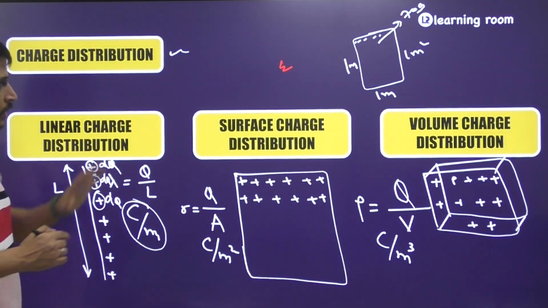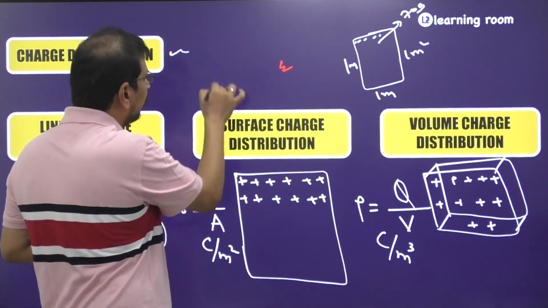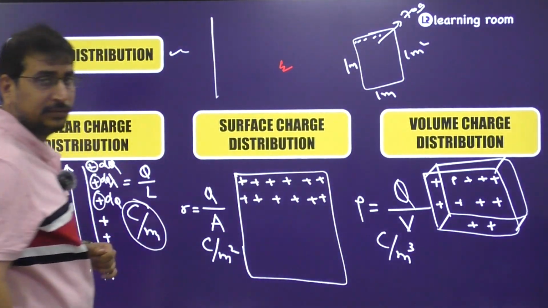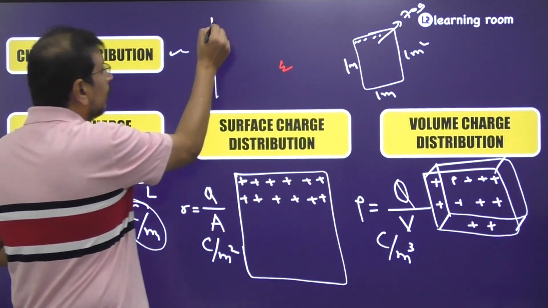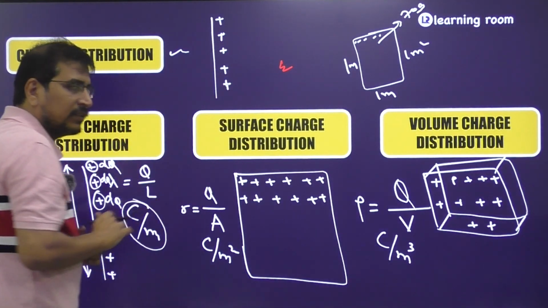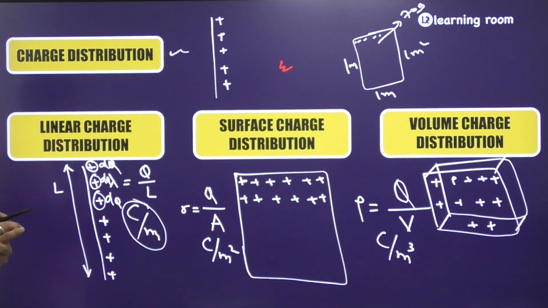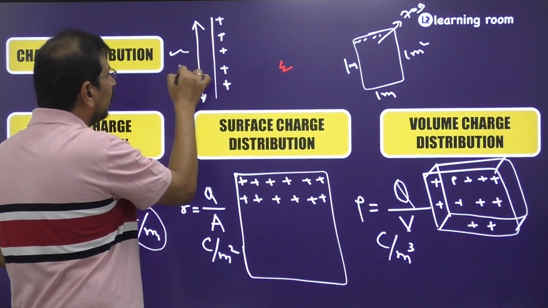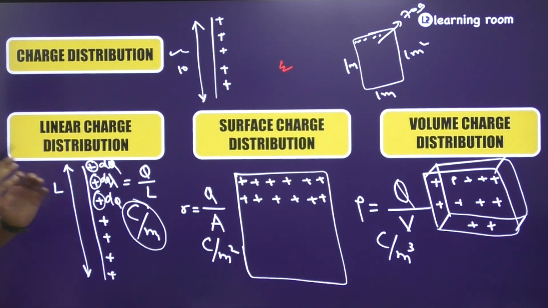Try to understand this. If I take this kind of system, 1, 2, 3, 4, 5, for example, let's say there are 5 small point charges, and let's say the length of this is going to be 10 units.